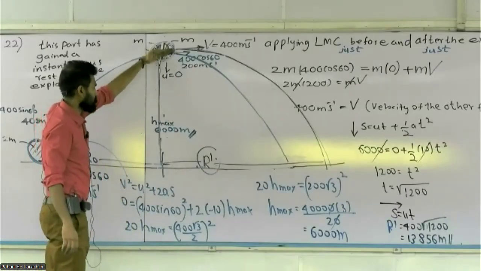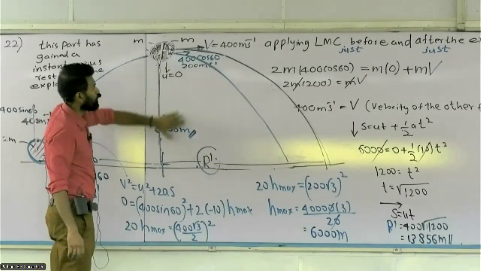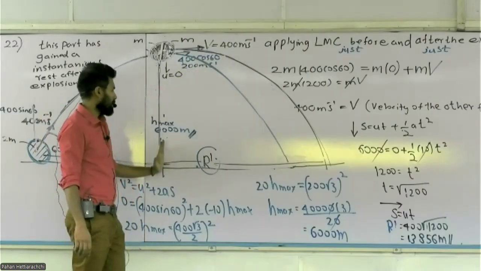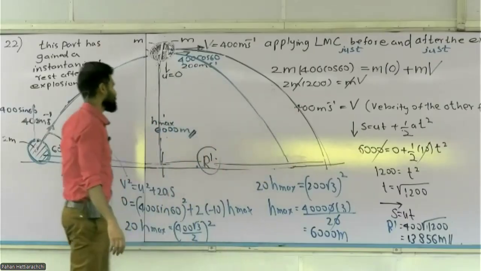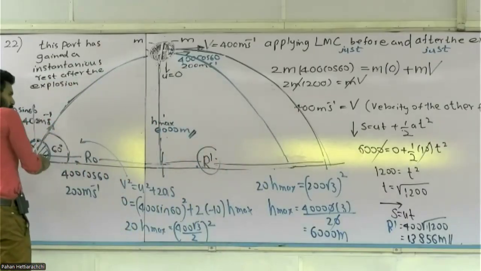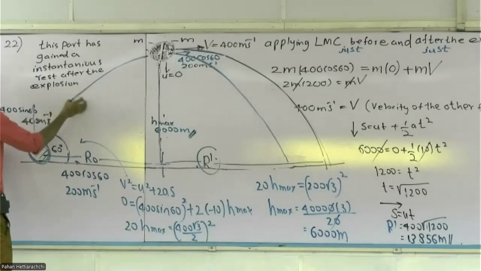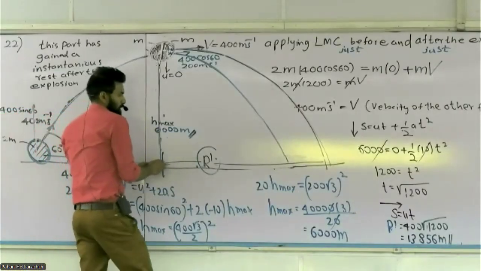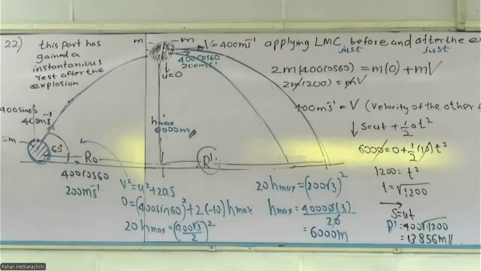Anyway, it has to come 6,000 meters downward again to reach the ground, and from that we find the time. Within that time, with this horizontal velocity of 400, it will gain a new range R dash from here to here. As they ask for the complete horizontal range, first using the facts from the beginning you have to find this R0 and add that to this R dash, getting the final answer.